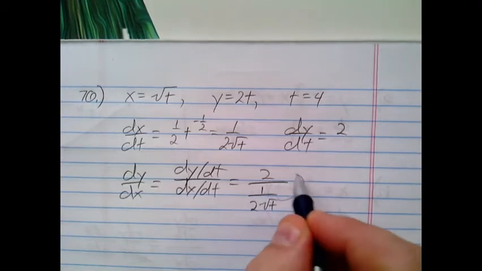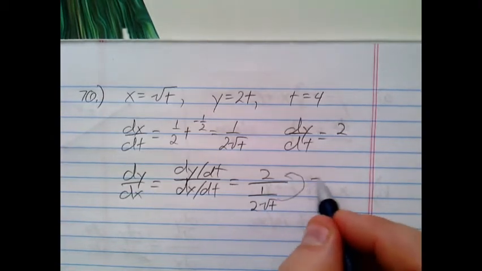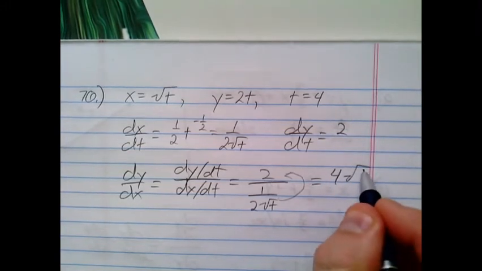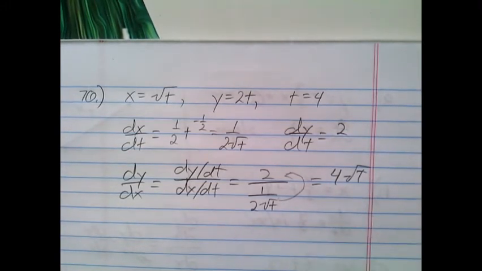Well, when I flip this, it's just going to come up here, and it's going to multiply with that 2 and give me a 4 square root t. Now, notice, usually when we get dy/dx from a standard equation, we get dy/dx as a function of x. But by building it this way, we got it as a function of t.